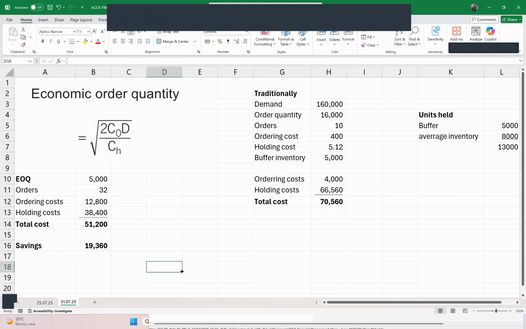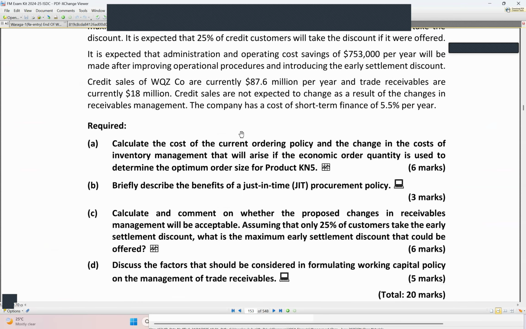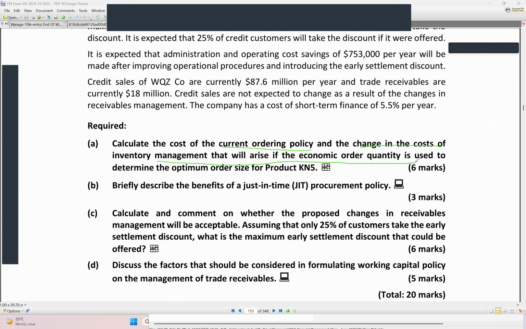Now, every time you do this question, you have to go back and see if you've answered the part very well. They said, calculate the cost of the current ordering, which you have done, and the change in cost of inventory management that will arise if we use EOQ.